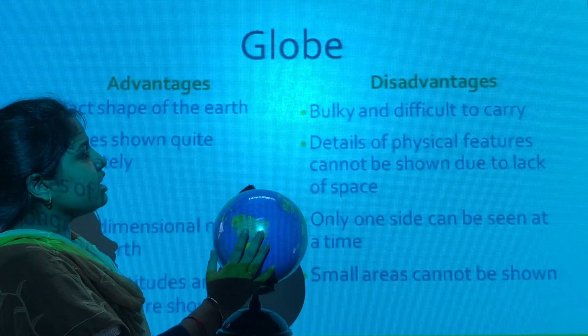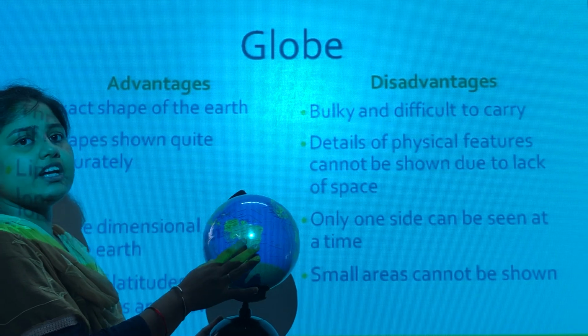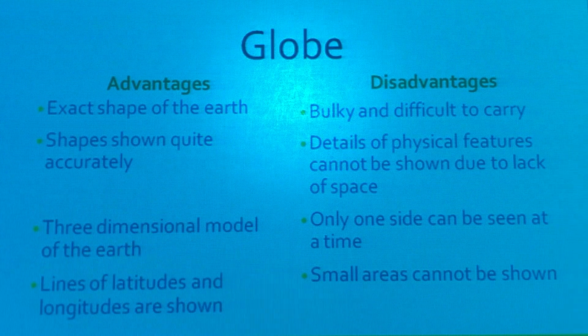Only one side can be seen at a time. And small areas cannot be shown. The details of small areas cannot be shown on a globe.